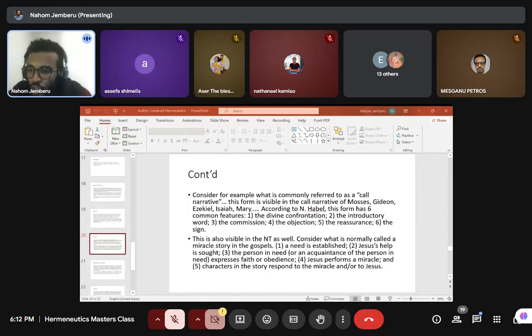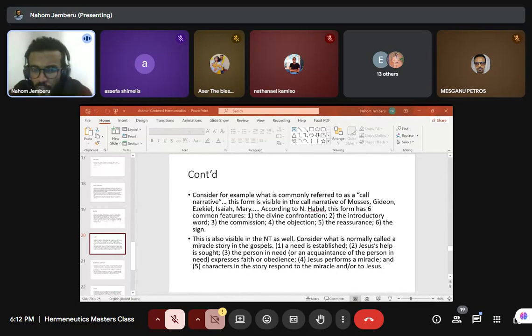And after that, an objection comes, right? In the Bible, whenever a call narrative is being expressed, there's almost always an objection from the human element. Mary objects, for example, Gideon objects, Moses objects, Isaiah objects.